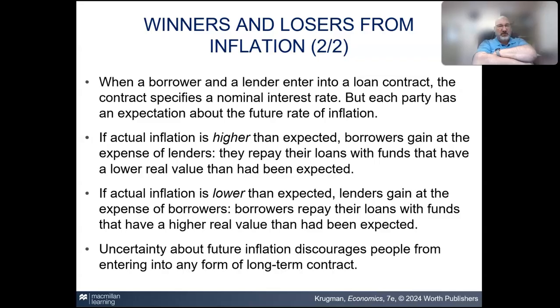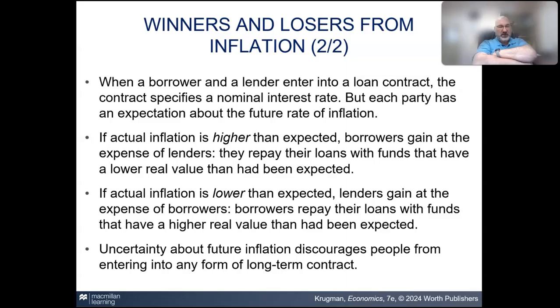If it's higher than expected, borrowers win because they repay their loans with funds that have a lower value. This is why the U.S. government borrows so much money. If it's lower than expected, lenders win, because borrowers repay with funds that have a higher value than was expected. That happens very rarely.